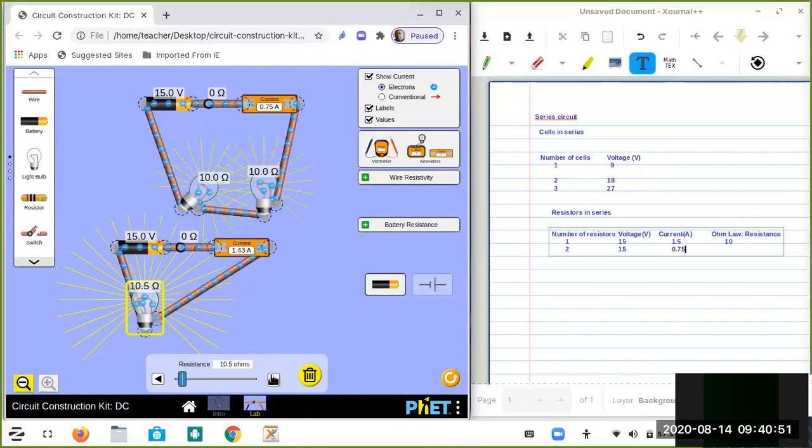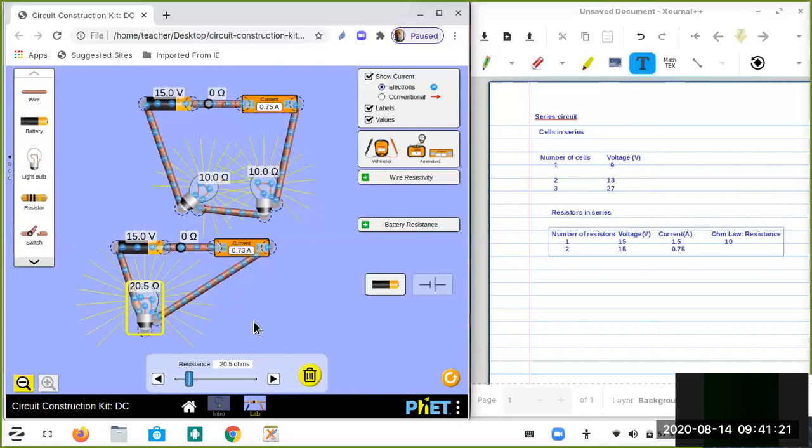For 11, it's 1.36. We want it to get to 0.75. So I'm going to keep on increasing up until it matches 0.75. Just past the 0.75.